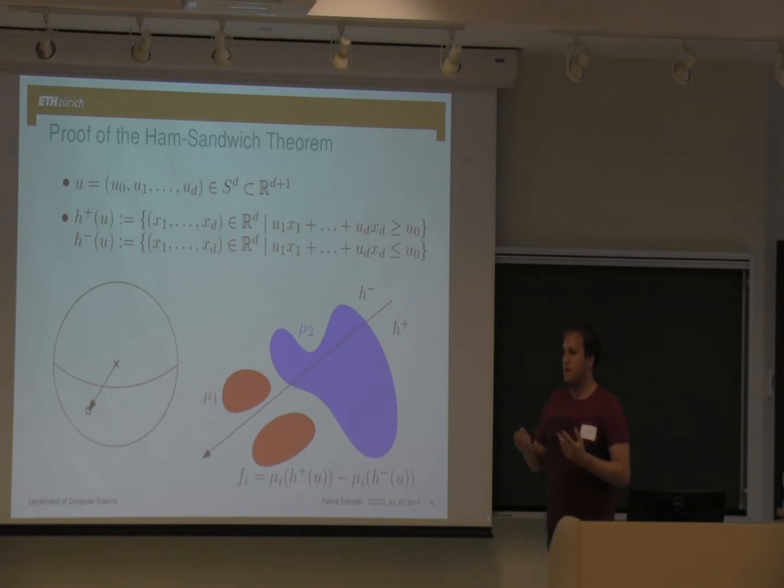And this is nice, continuous, and it's also antipodal. So we know that there is some point on the sphere where all of these functions are 0, but all of these functions being 0 just means that the positive part is exactly the same as the negative part, so that exactly half of the mass is going to lie in the positive and in the negative half plane, respectively. So that's a very neat proof.